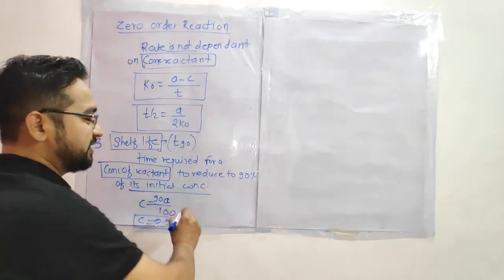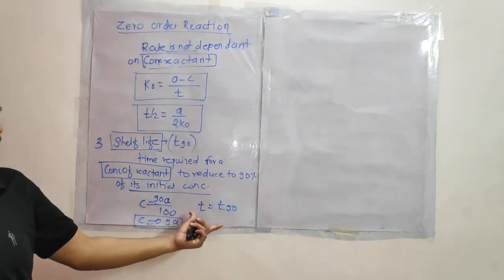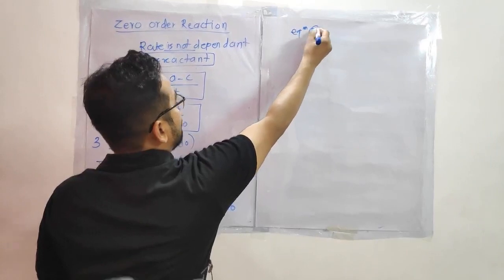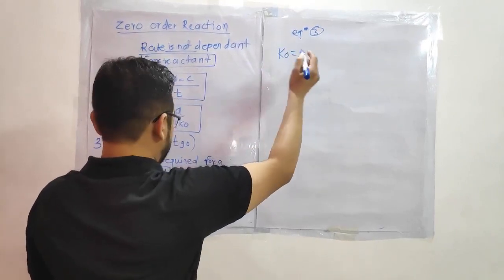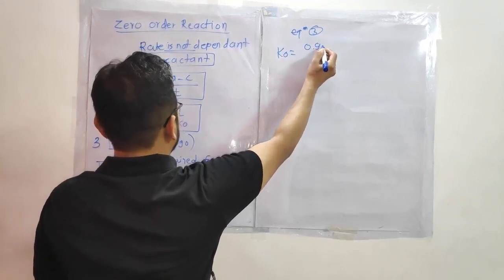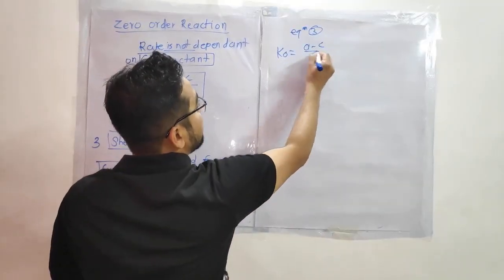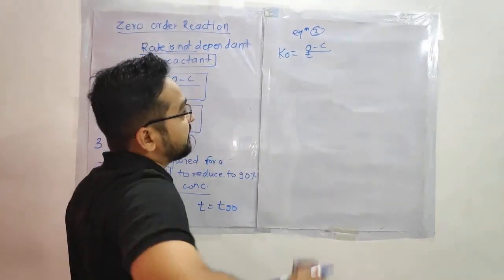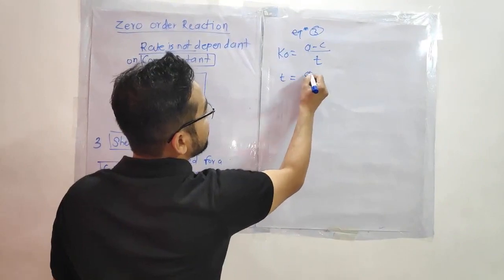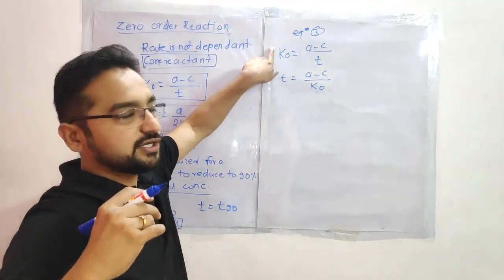Now what will be the time? The time will become T90. Now if you substitute these values in your equation number 3, k0 is equal to A minus C divided by T. Reshuffle this equation, T will go over here, A minus C divided by k0, and k0 will come over here.